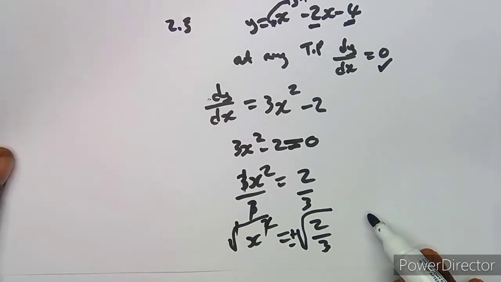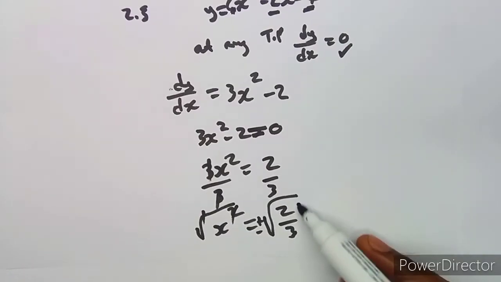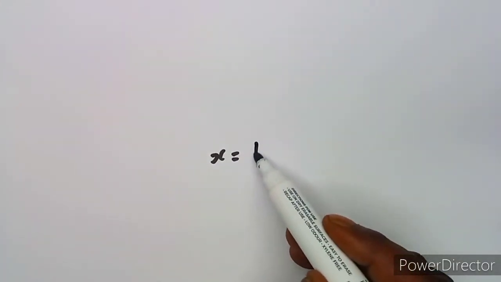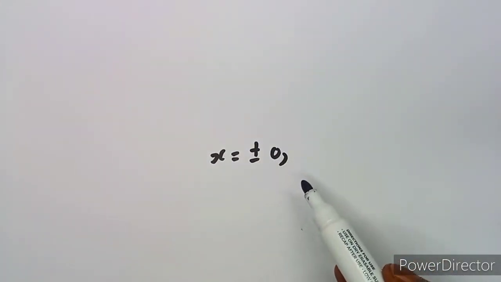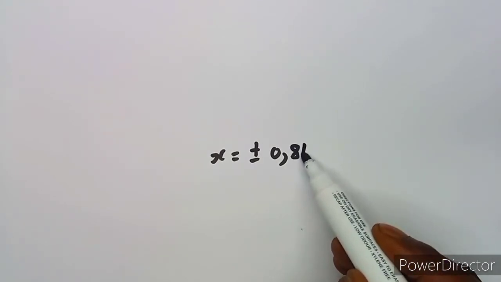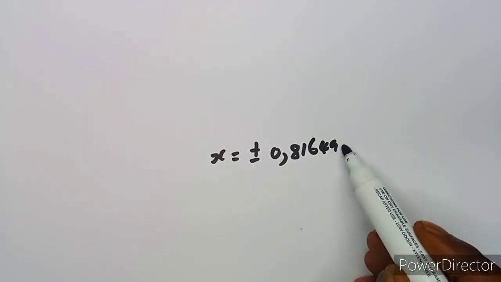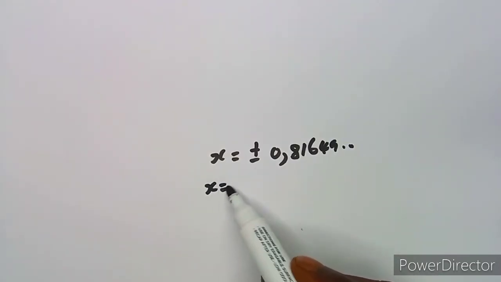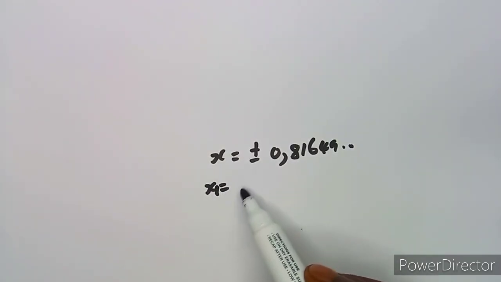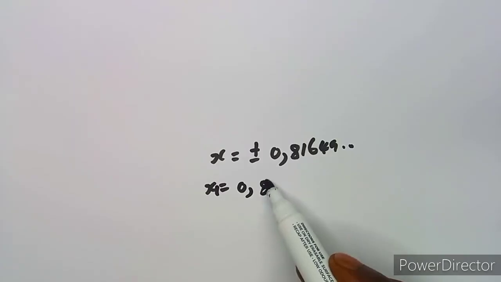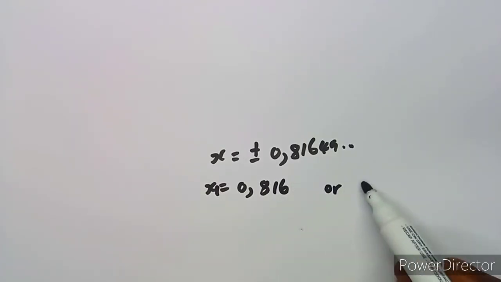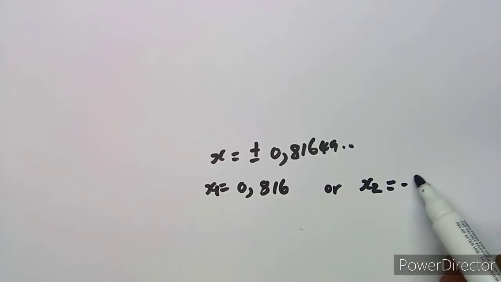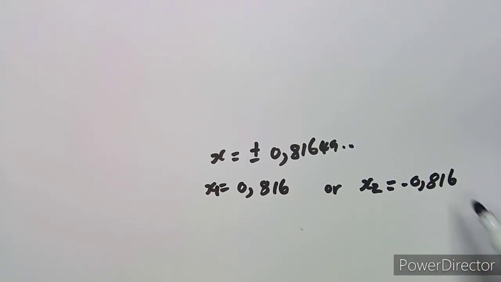So we obtain two possible values of x from the square root of 2 over 3, which gives us a decimal, 0.81649. So x1 is plus 0.816, and the other one is minus 0.816. These are the values of x that we have at the turning points.